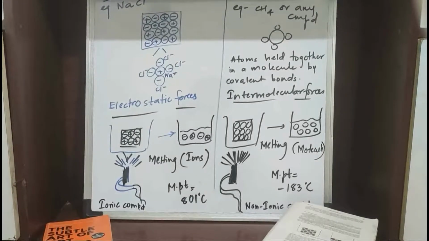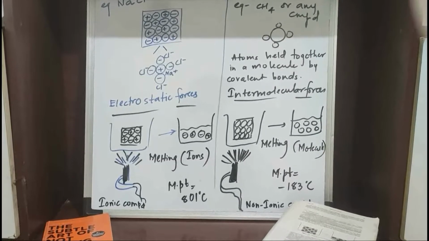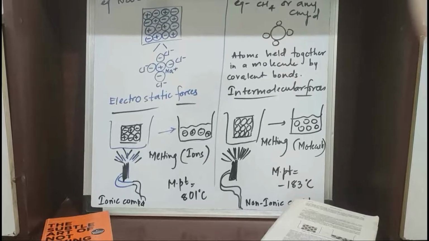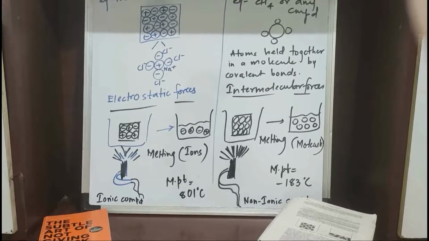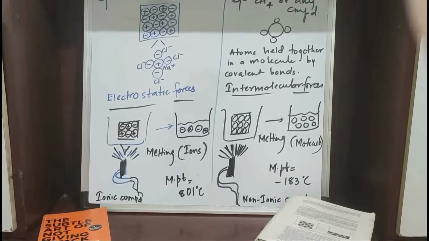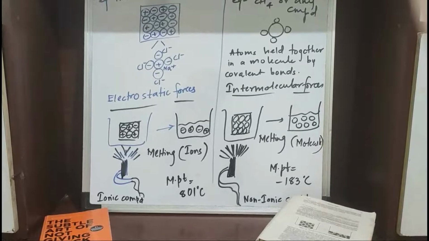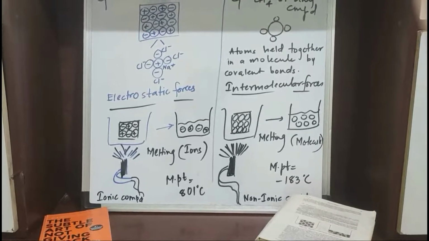Now I'm talking about the forces acting between the molecules here. In this case, it is going to be intermolecular forces. For example, if I have hexane, one molecule of hexane will have a connection with another molecule of hexane by intermolecular forces.